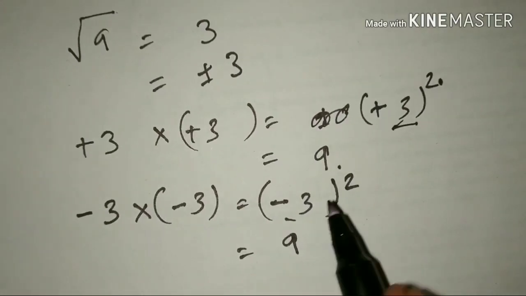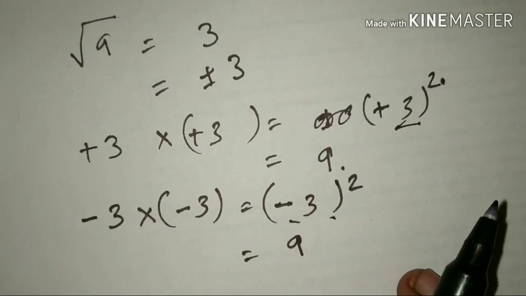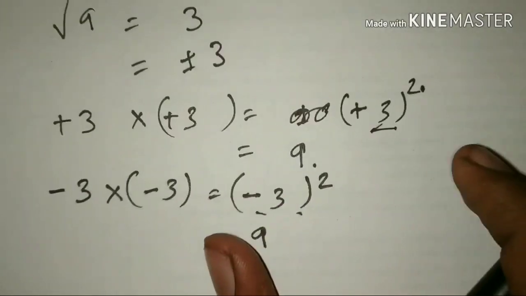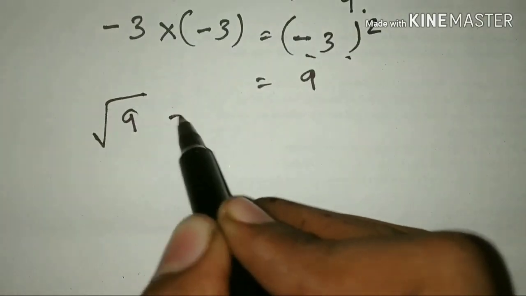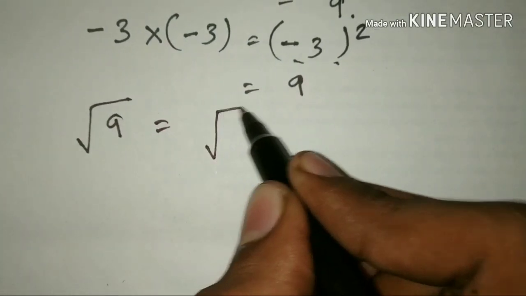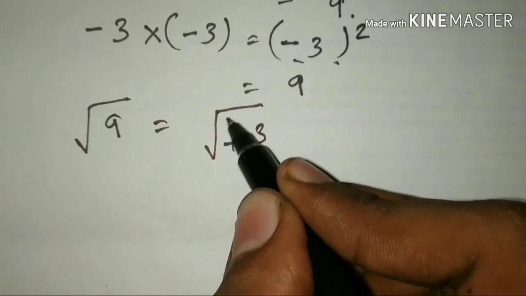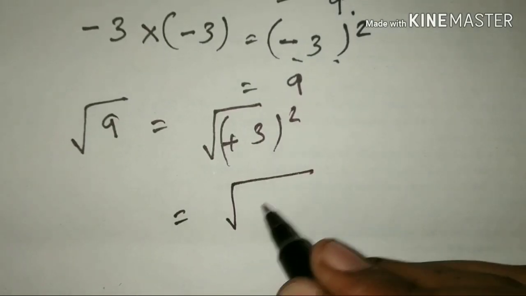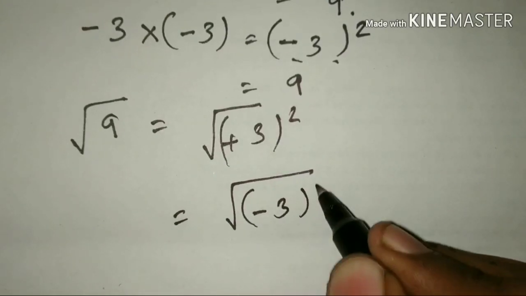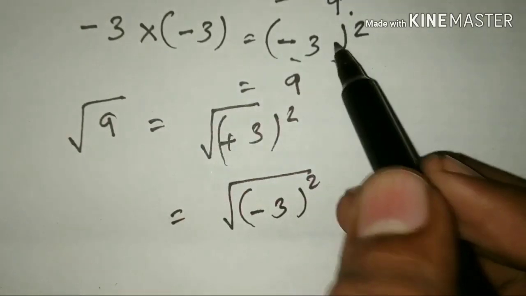So if I need to find the square root of 9, then this is just the square root of plus 3 the whole square. But 9 is also minus 3 the whole square. Remember, 9 is minus 3 the whole square.